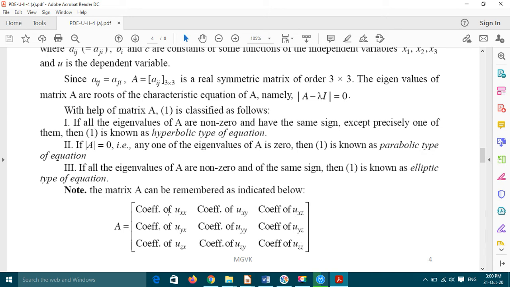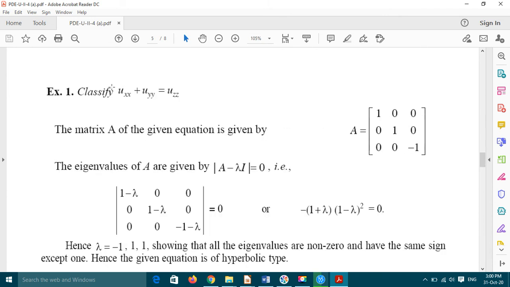So you write down the coefficient matrix A, then you find the characteristic equation and the characteristic roots and apply these 3 conditions. Whichever condition is satisfied by the matrix A, you say the given differential equation is of type hyperbolic, parabolic, or elliptic. Now come on to the problem.